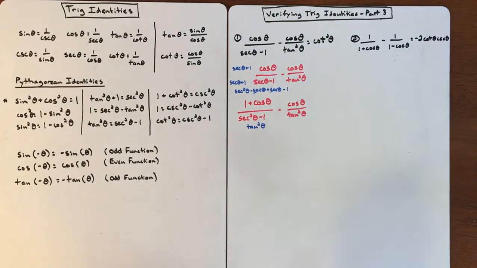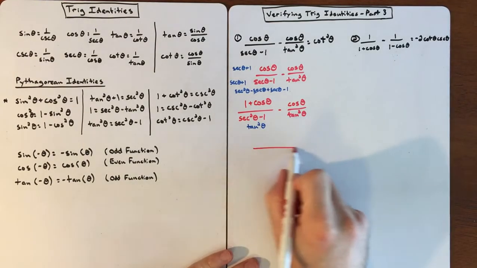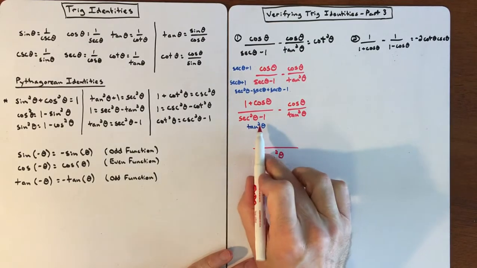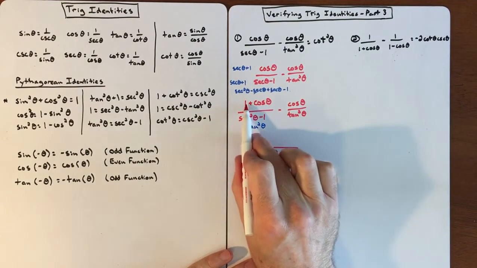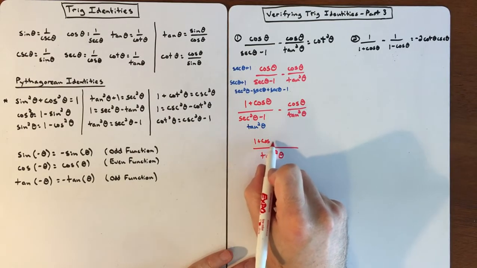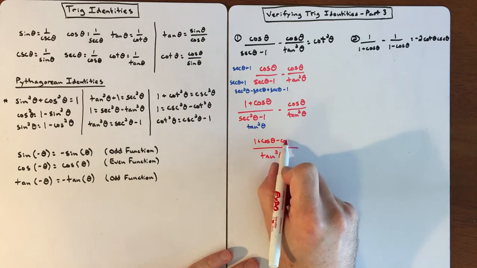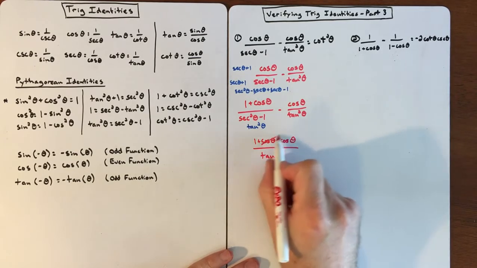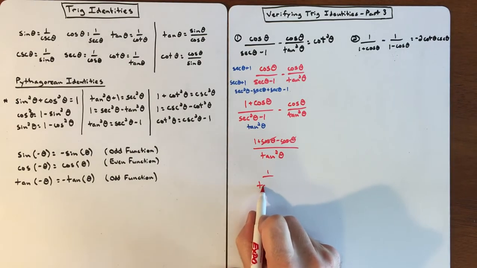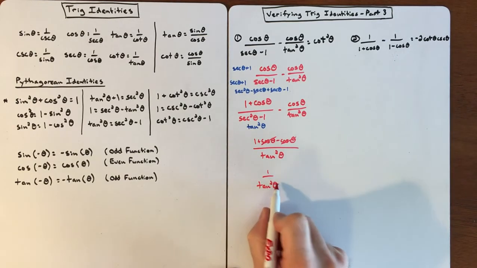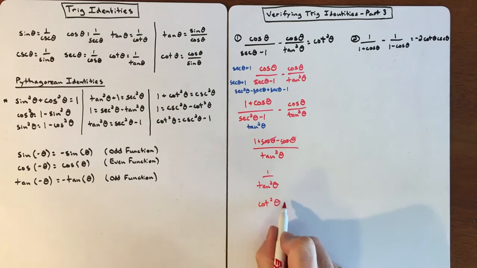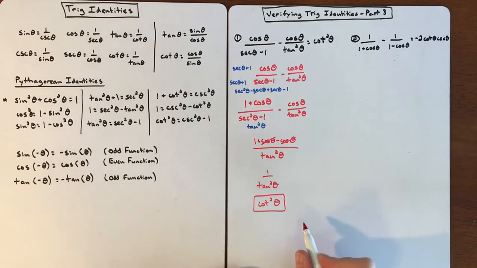So I can sub that out because you now have common denominators. So that is tangent squared, so I can put the tops together. 1 plus cosine theta minus cosine theta. And these pieces cancel each other away. You're left with 1 over tangent squared. And that is cotangent squared, which is exactly where we're looking to go.